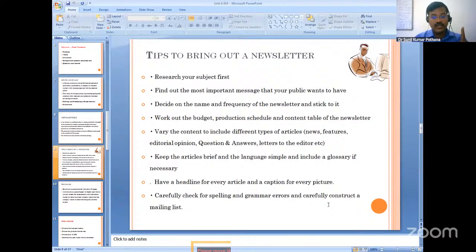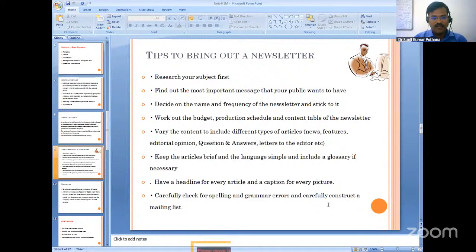Whereas in a house journal, for example, if an employee draws a good picture, it will be published in the house journal. A family member of an employee who wrote a poem may also have it published in the house journal. But in the newsletter, the information is focused on news.